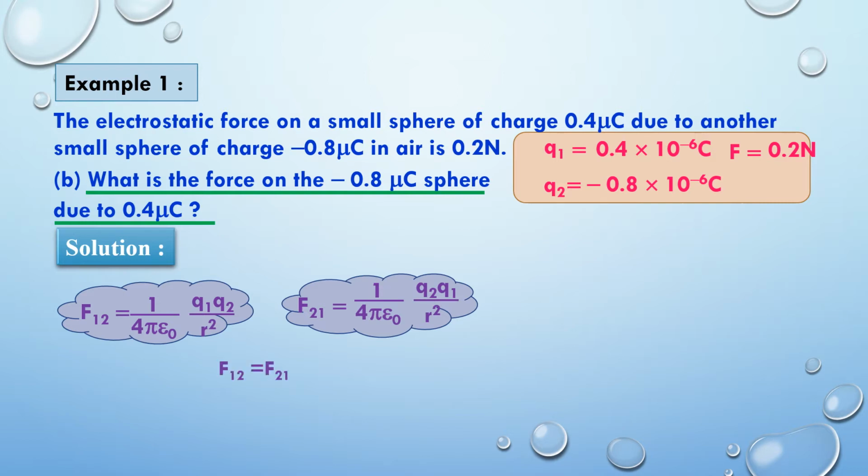It is known that F12 is equal to F21, that is, the force is the same on each other. Hence you can say the force on the minus 0.8 microcoulomb sphere due to the 0.4 microcoulomb sphere is 0.2 Newton.